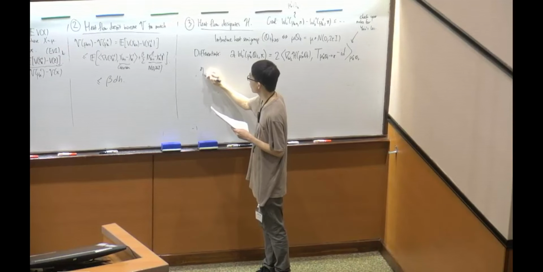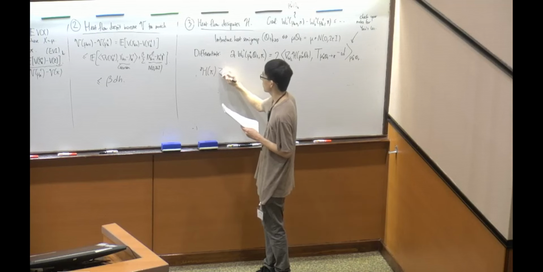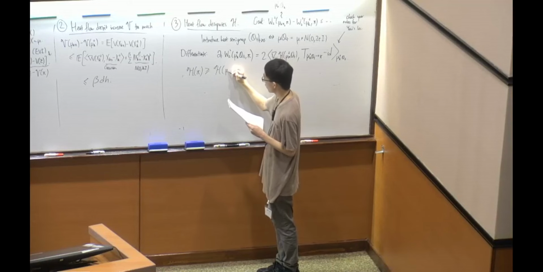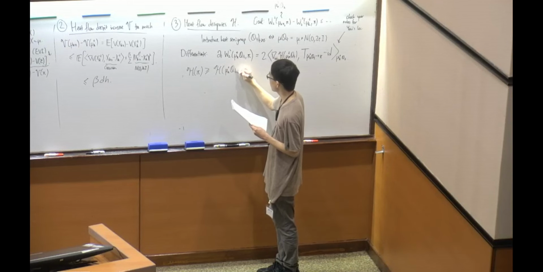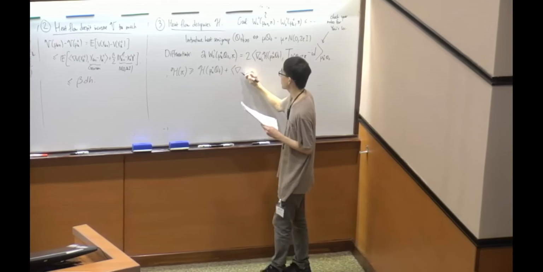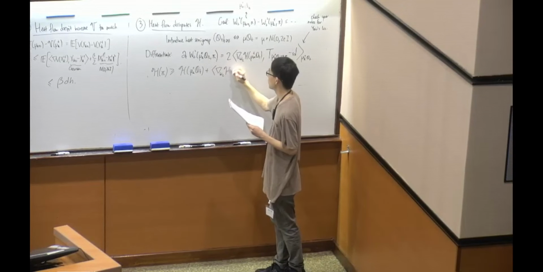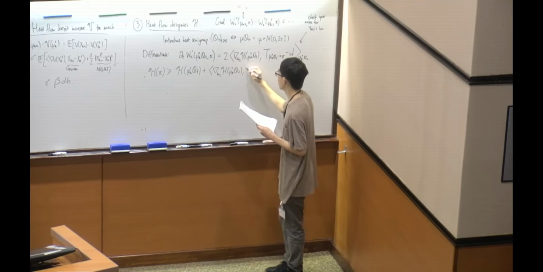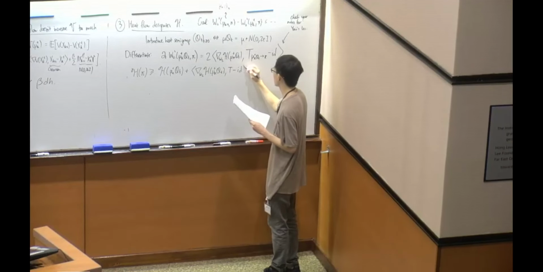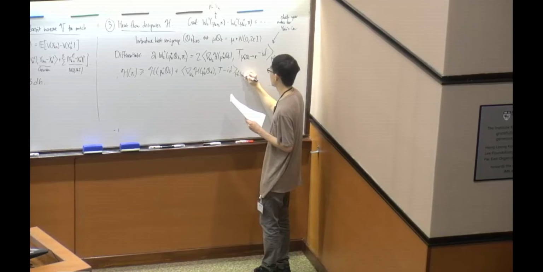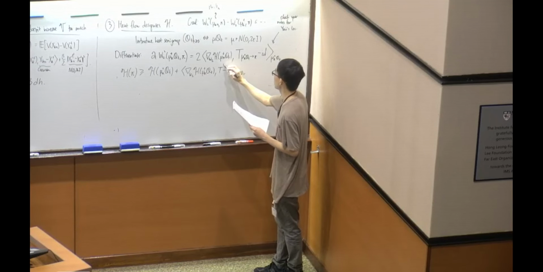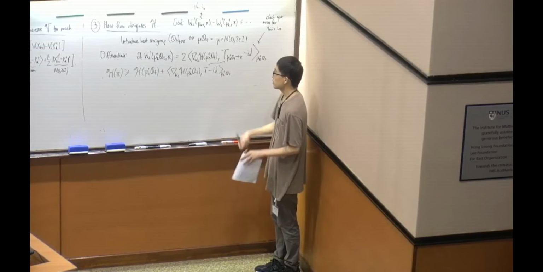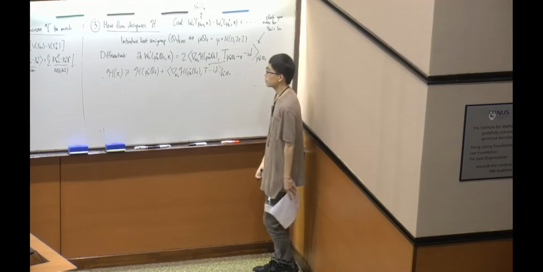So the convexity of the entropy functional tells me that h of pi is an upper bound for h of mu k plus qt plus exactly this inner product term. So this t is the same t here. Okay, so this gives me an upper bound for this time derivative.